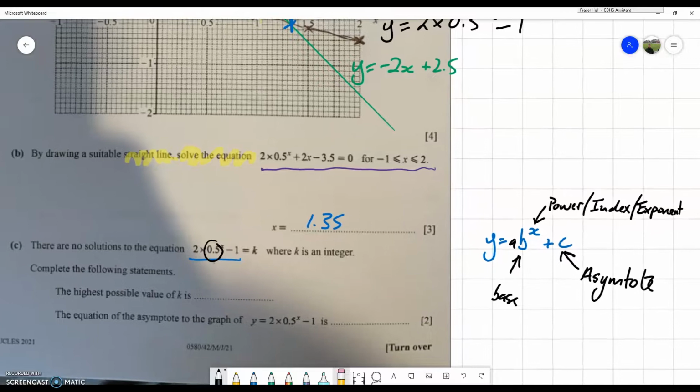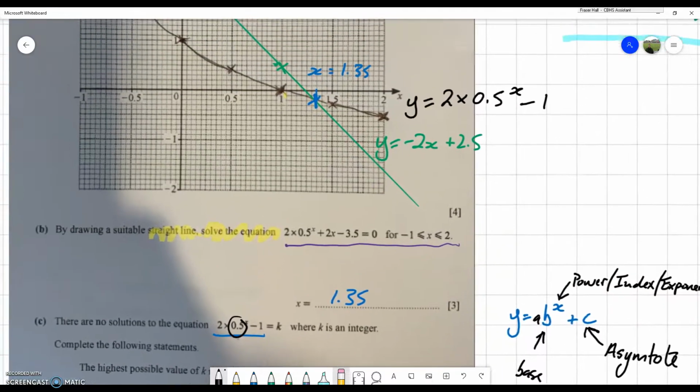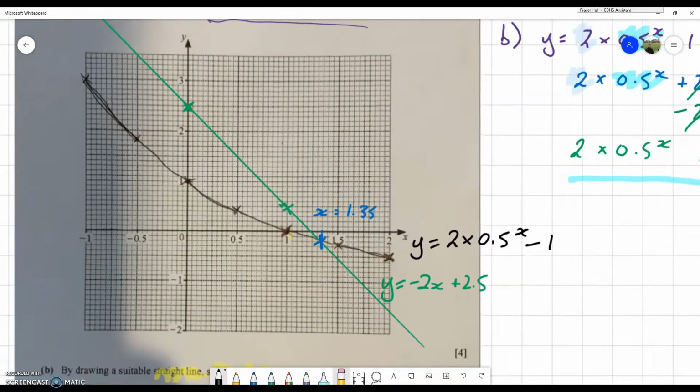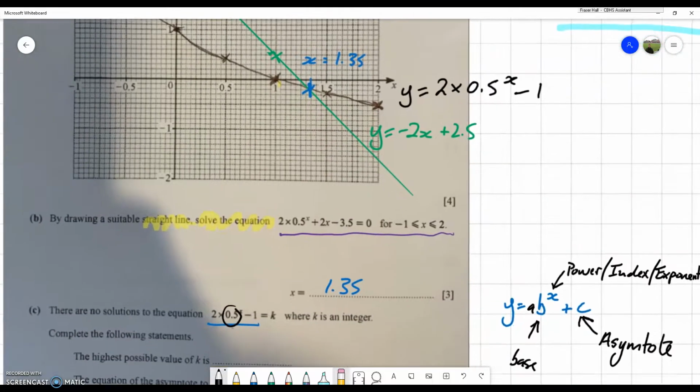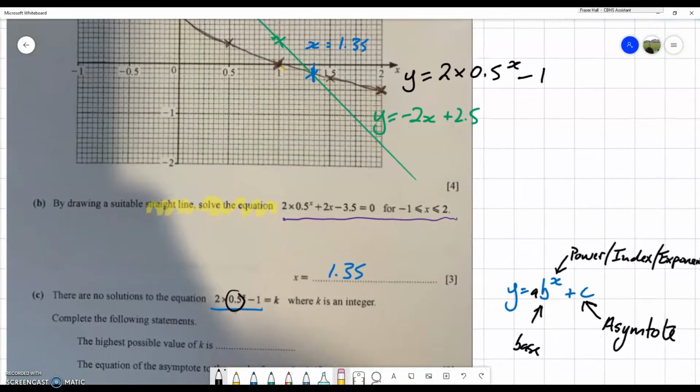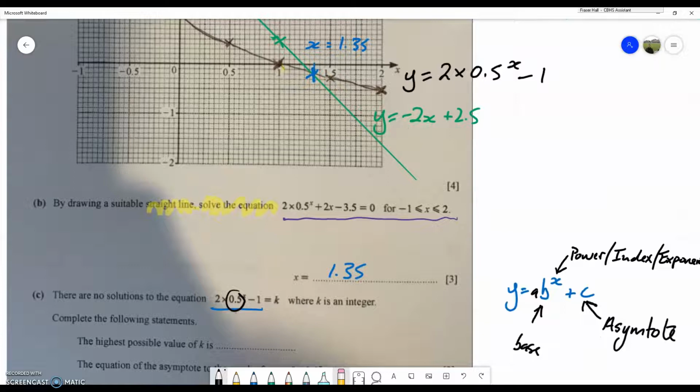So we need to understand with exponentials, there's a point that the function will never touch. It's a limit. And actually, I'll show you that on GeoGebra.